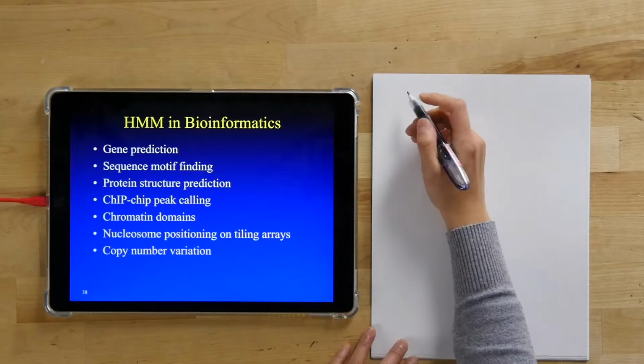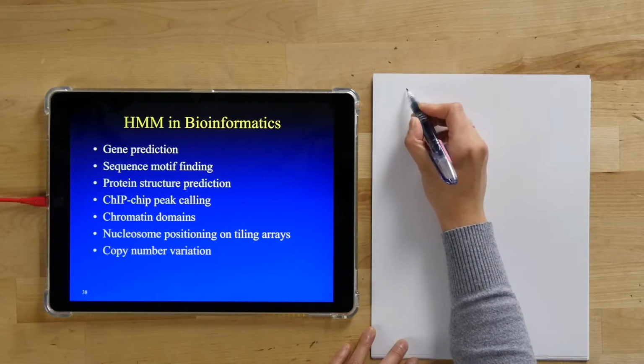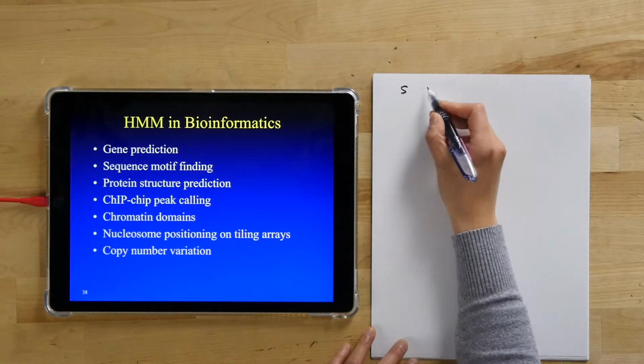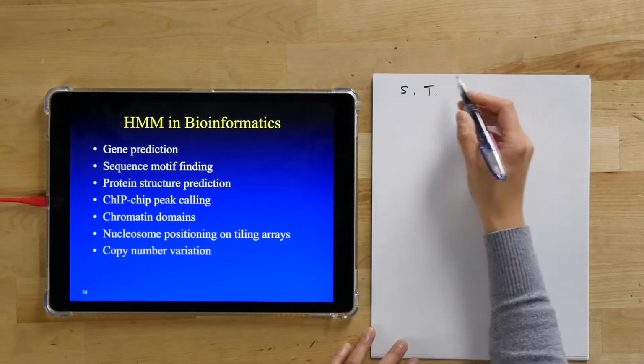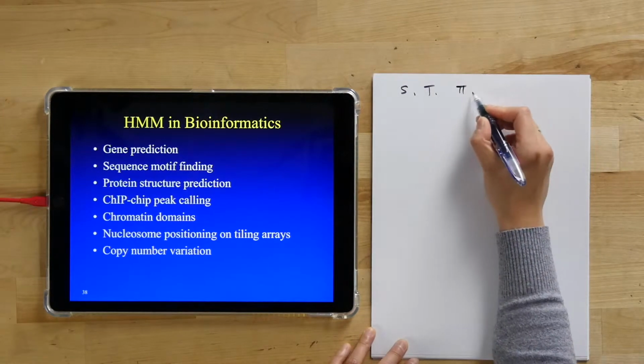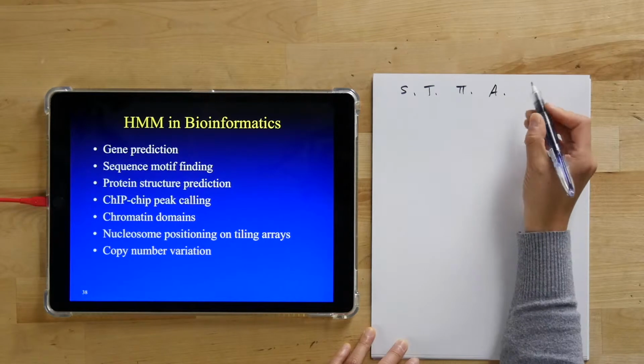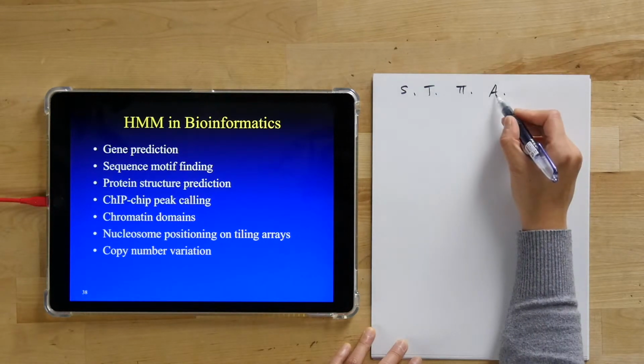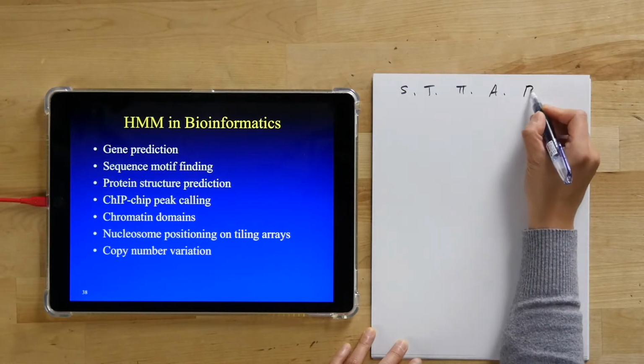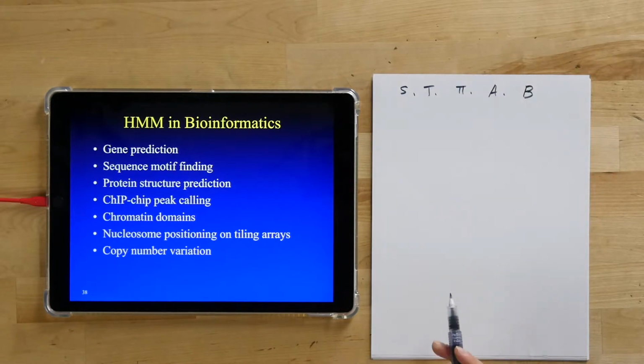So let's think about the gene prediction problem. What are the hidden states? What is the time? What are the initial probability, the transition probability, and the emission probability?